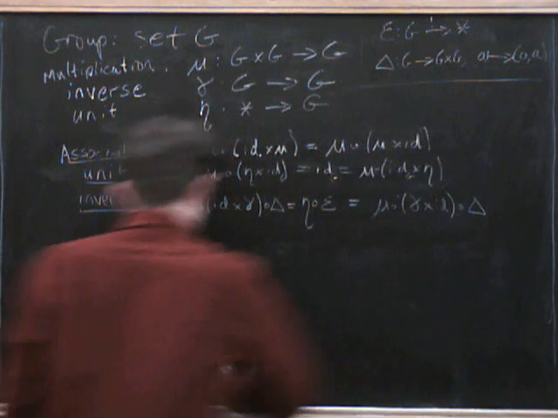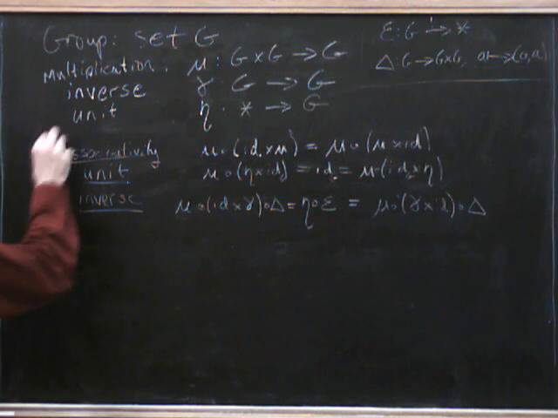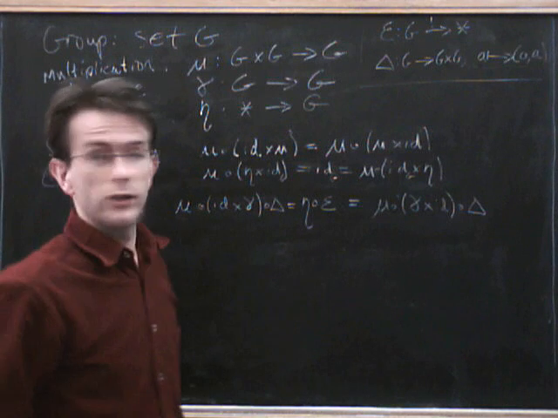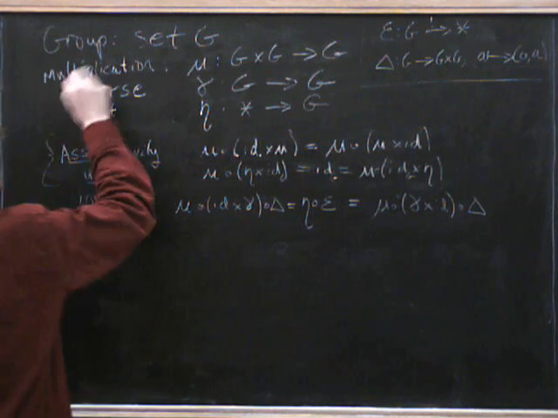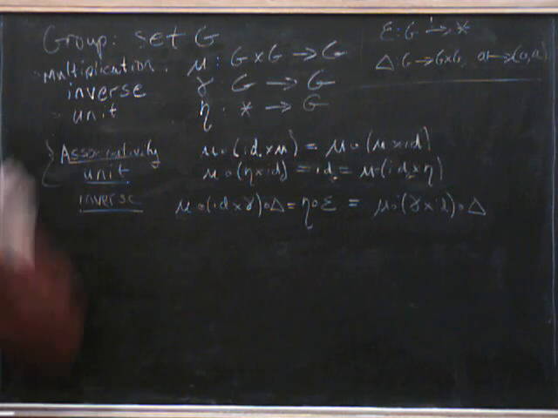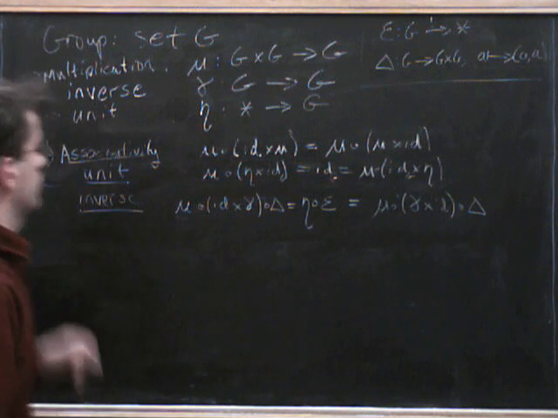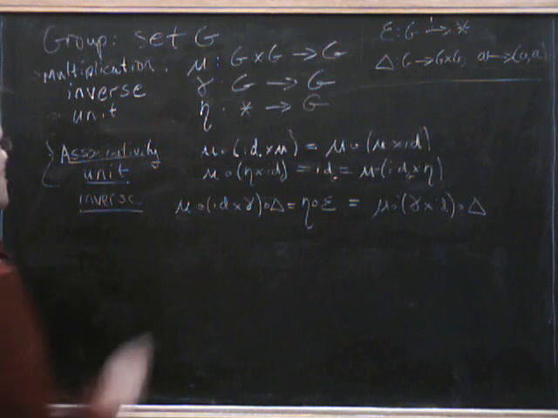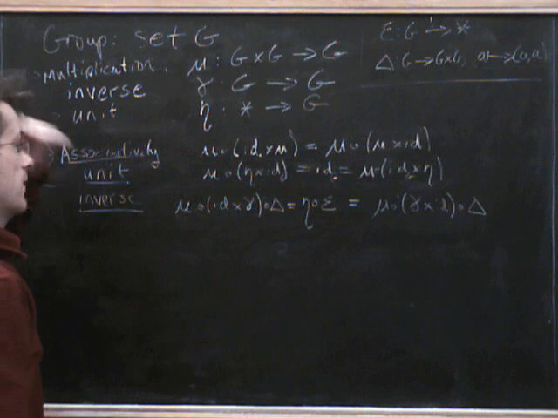What else do I want to say? Another important thing to say is we look at these two things, the associativity and the unit axioms, and I get rid of the, oops, I should have ordered this slightly better. We'll take these two bits of data, satisfying these two bits of axioms as they are. Then what I can do is see that this is just the definition of a monoid.